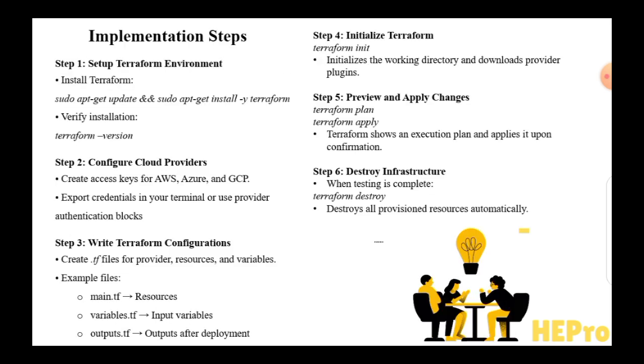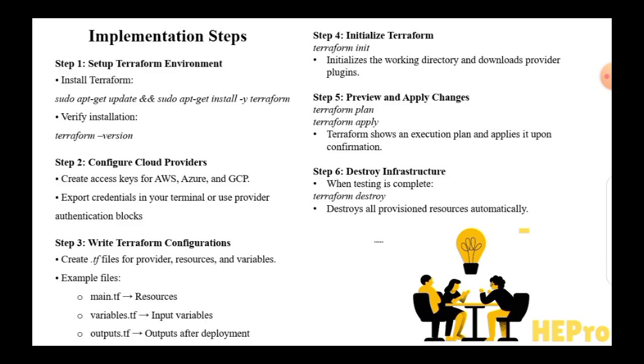Next, you will set up your Terraform environment by installing Terraform and verifying the installation. Next, you will configure cloud provider credentials for AWS, Azure, or GCP using access keys or authentication blocks. Then you will write Terraform configuration files: main.tf for resources, variables.tf for input variables, and outputs.tf for post-deployment outputs.